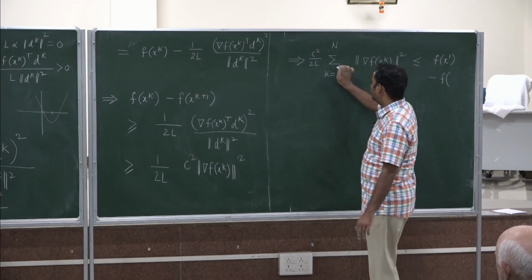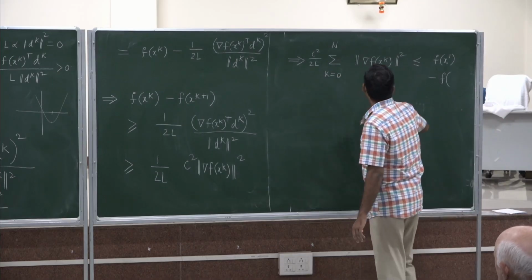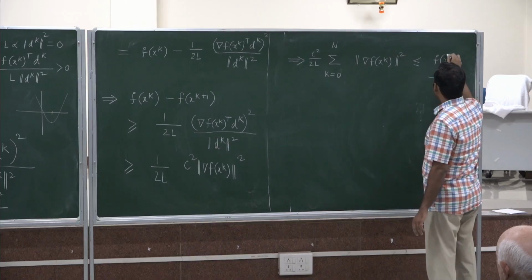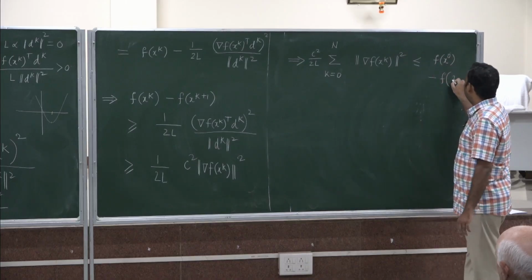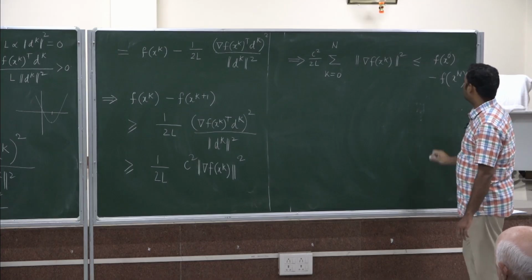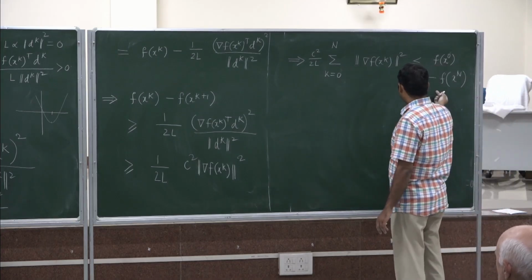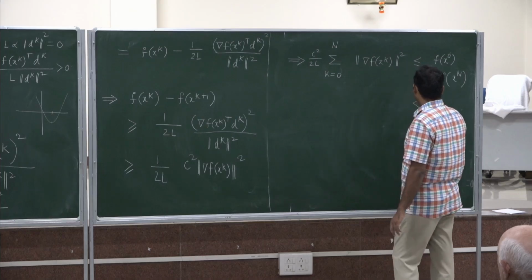I should have taken it starting from 0, and then I will have f(x_0) minus f(x_N), which is a finite quantity.